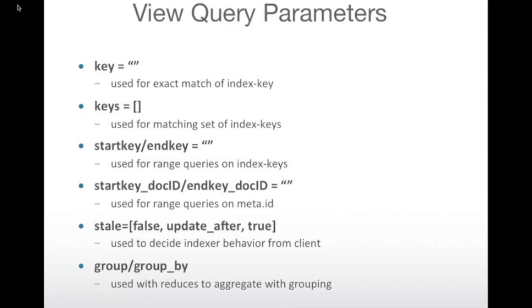That's the equivalent of WHERE equals with multiple values in SQL queries. I can also do a range of start and end, and I'll show you an example of that. And I can do a start and end based on the document meta ID. And stale equals false allows some control over indexers, and I'll talk about that more in a little bit. And then there's group and group by to do aggregate grouping and reduces.